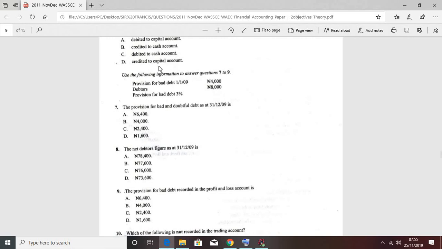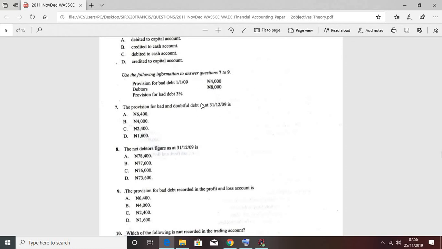So let's see how we can do the workings. Provision for doubtful debts as at January 2009 is 4,000. And the debtors for the period, as I said, is supposed to be 80,000, but they made it 8,000.